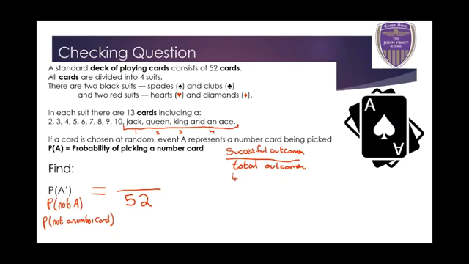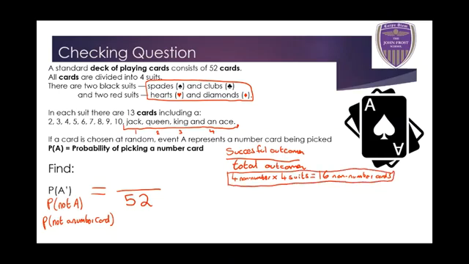But remember, there are also 4 suits. For every card, there's one of each card in every suit. So we've got the 4 non-number cards, and we need to multiply that by the 4 different suits. So 4 times 4 means that there are 16 non-number cards in a deck of cards. That's our number of successful outcomes.